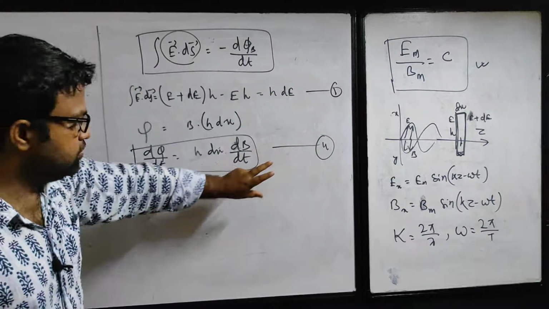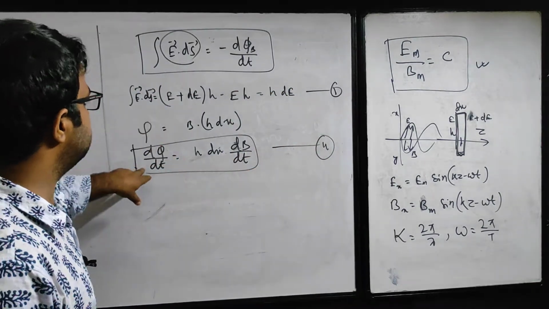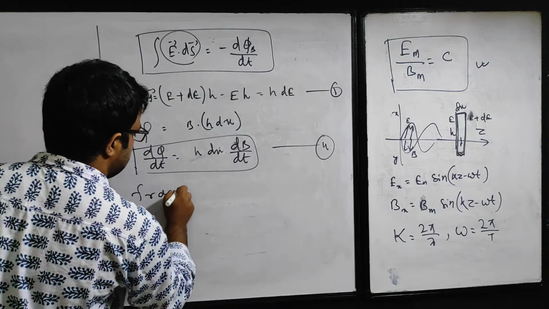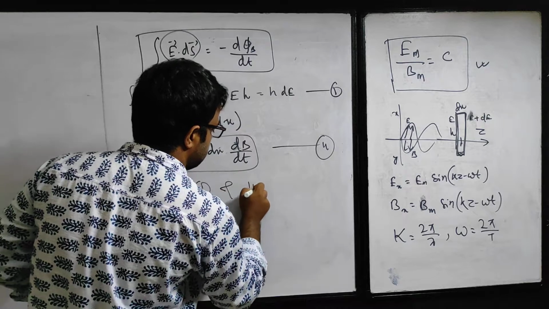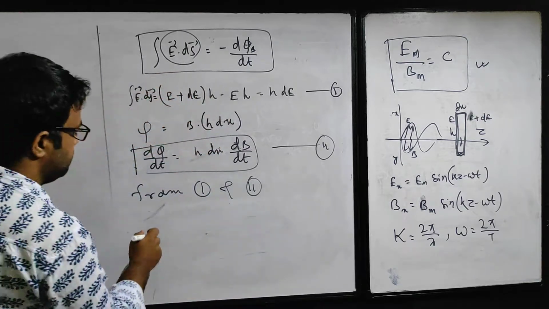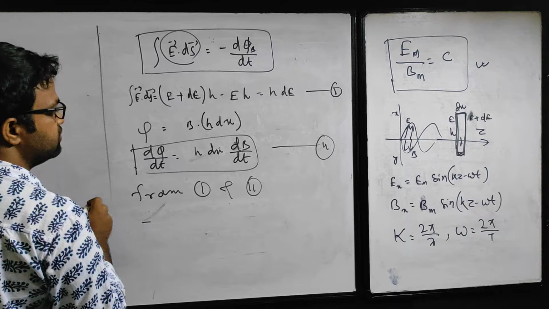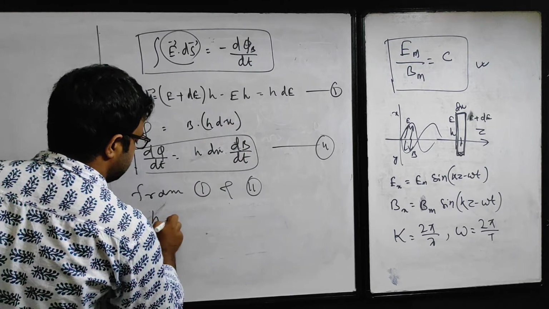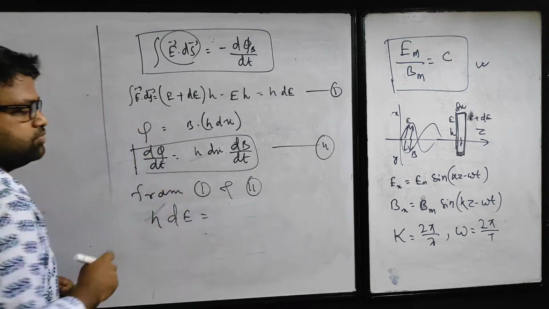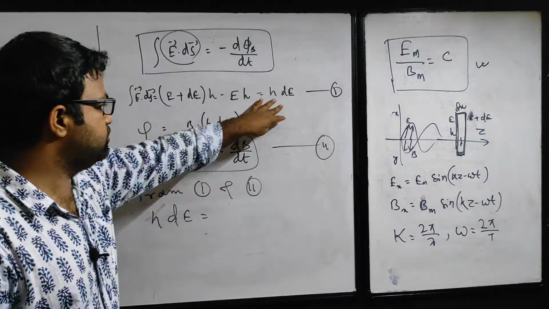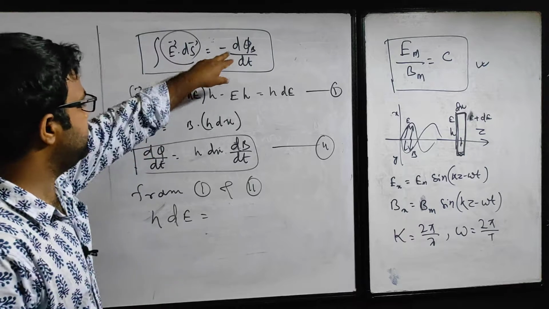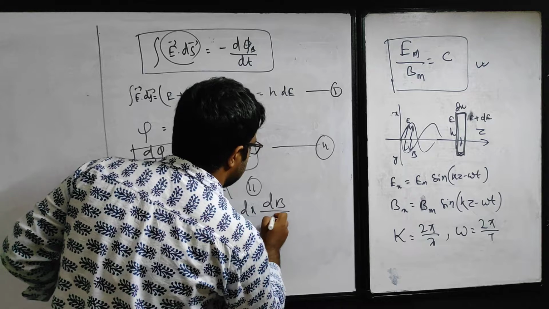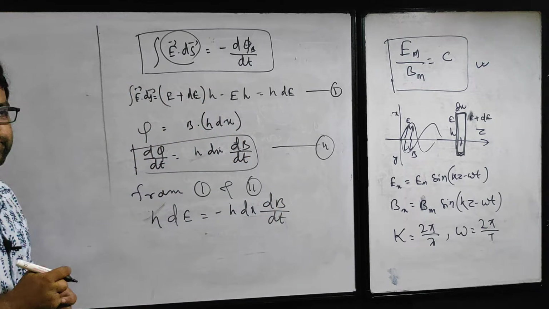From 1 and 2 you can write that H dE equals minus H dx dB by dt.